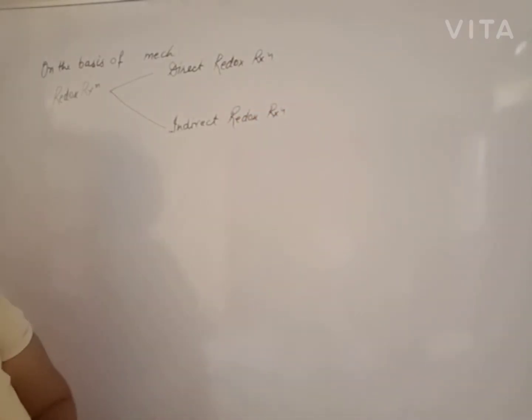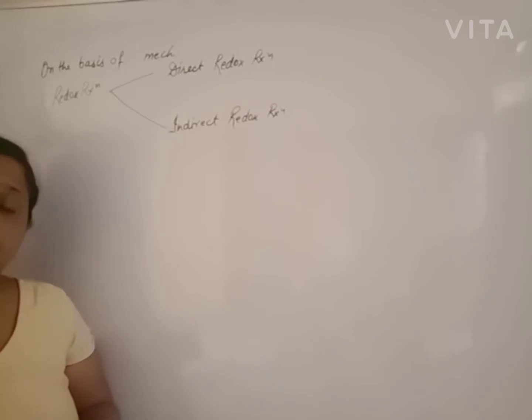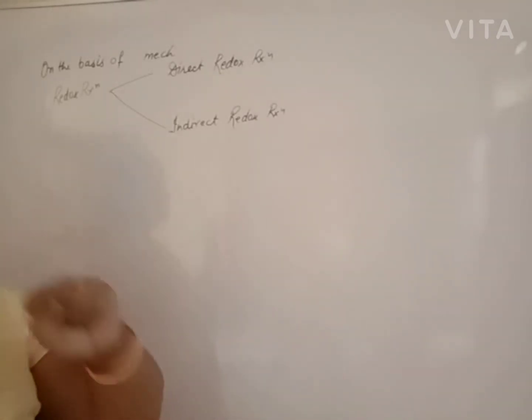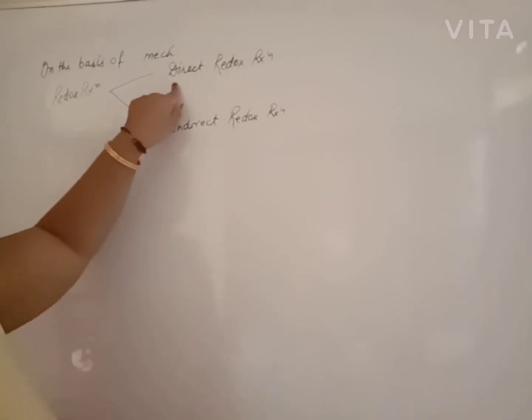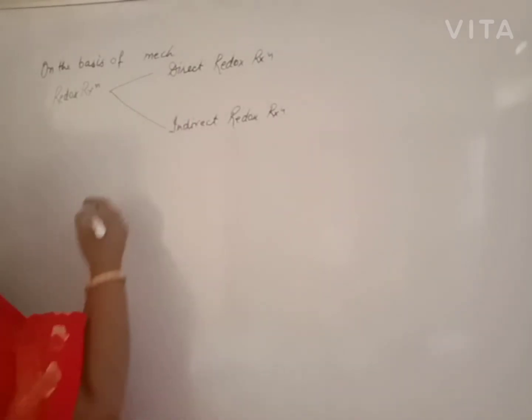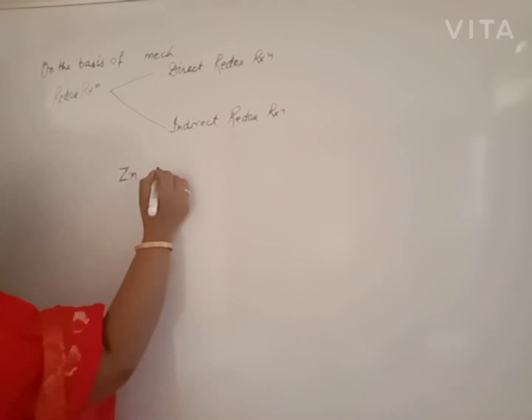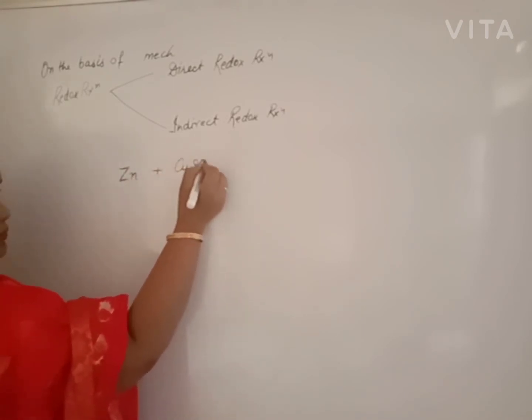Direct redox reaction means oxidation and reduction take place simultaneously in the same beaker. If oxidation and reduction are both done in the same beaker, that is known as a direct redox reaction. Beta, you have this reaction. Suppose you have zinc dipped in copper sulfate solution.